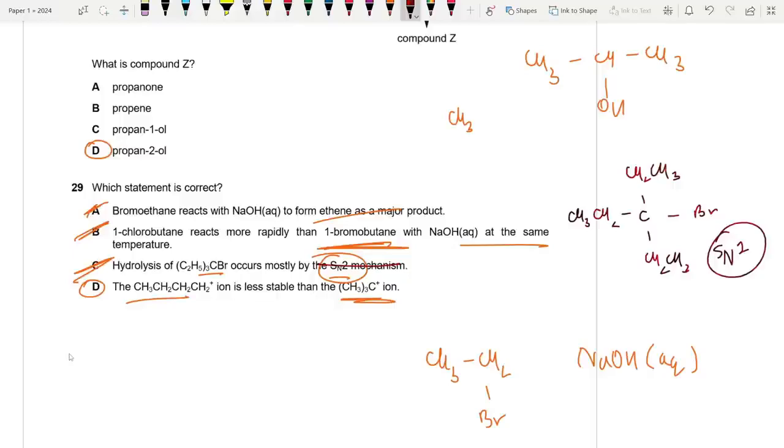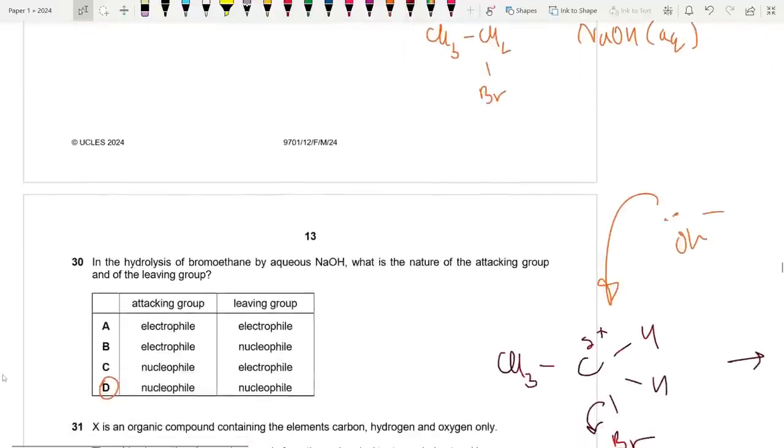What is this? This primary carbocation is less stable than this tertiary carbocation. Yes, that is completely true. This tertiary carbocation is more stable than that one because it has 3 alkyl groups. As a result, there is more positive inductive effect, which reduces the charge density on the carbon, so it is more stable.